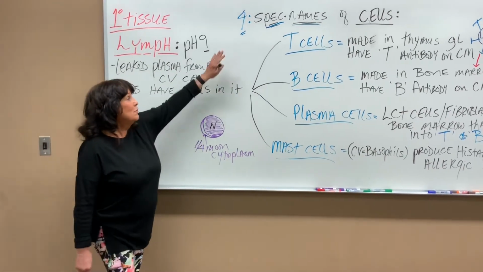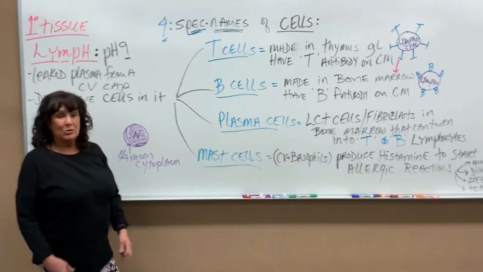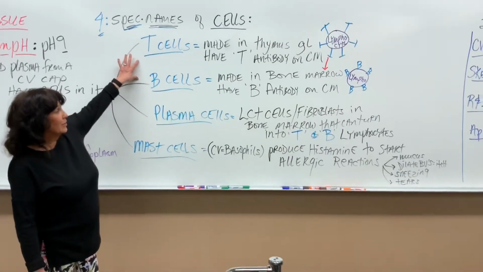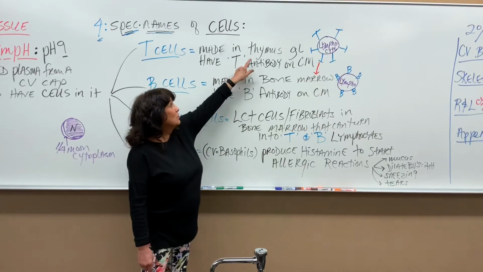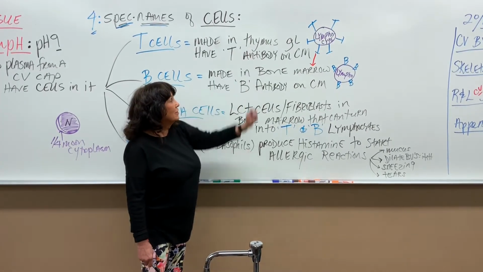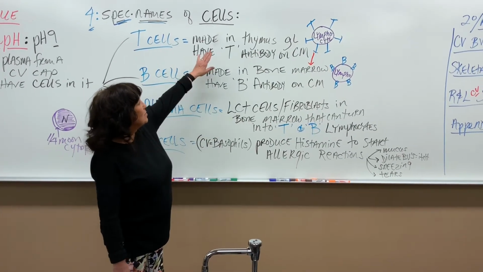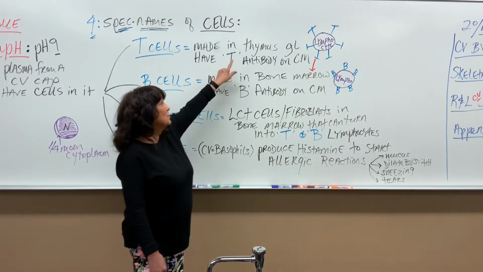And we have 4 specific cells that can be found in your lymph. And so the first 2 are the most important, right up here. The first one is called a T cell, and it's made in your thymus gland until age 13, or whenever it atrophies, right around age 13. And so the thymus gland is going to make an antibody called the T antibody for the thymus gland.